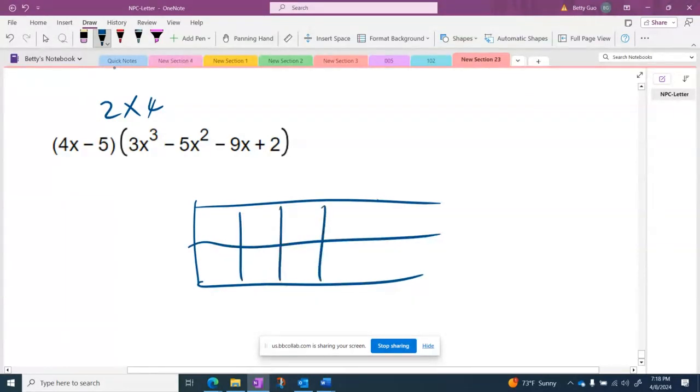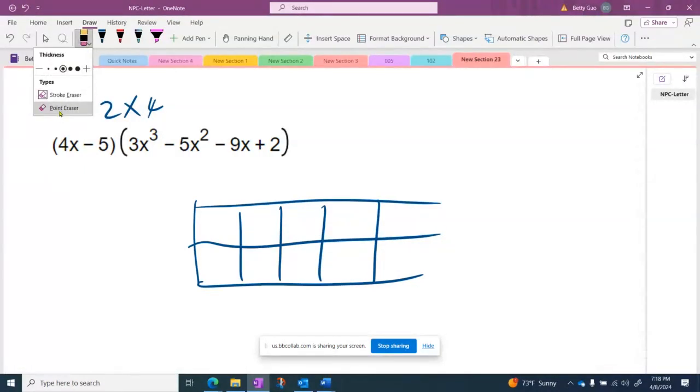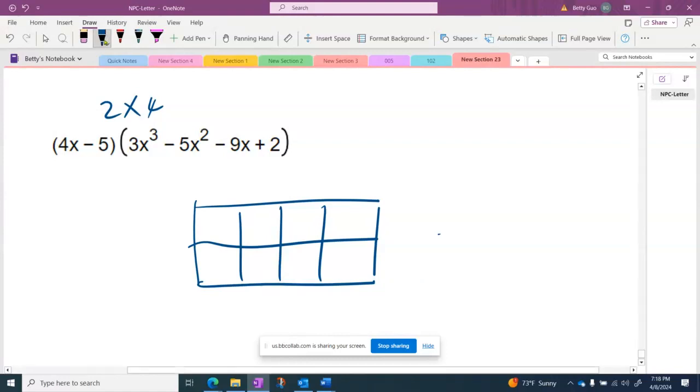Okay, it's a little bit more than I need here. I put the binomial on the side, 4x minus 5. I put the polynomial on the top: 3x cubed, negative 5x squared, negative 9x, 2.